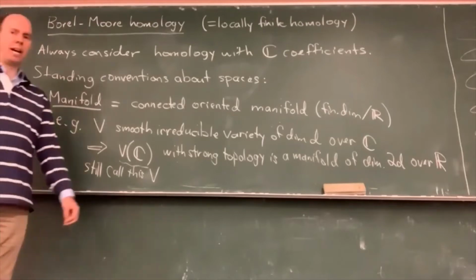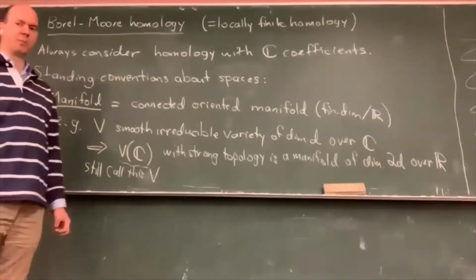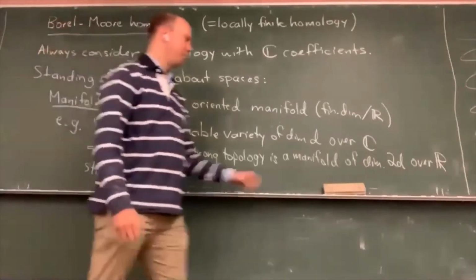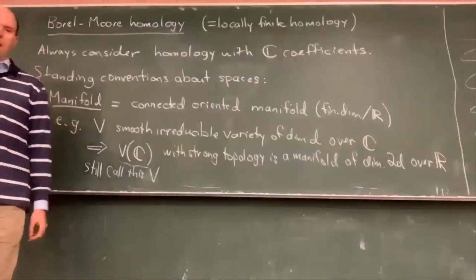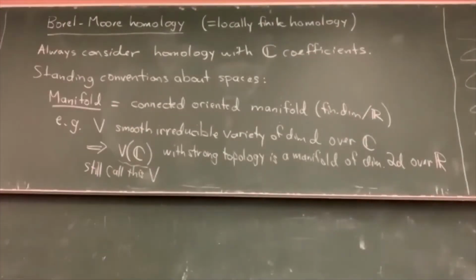Okay, so the manifolds are the nicest spaces we'll consider, and those include the smooth complex varieties, but we'll also need some singular complex varieties. So those as topological spaces are not quite as nice as this, but they're still pretty nice.